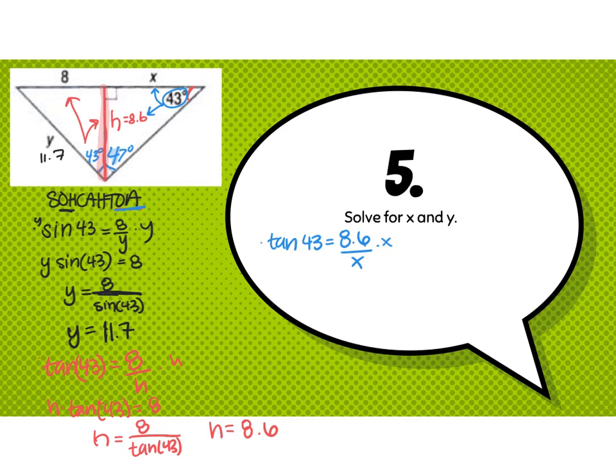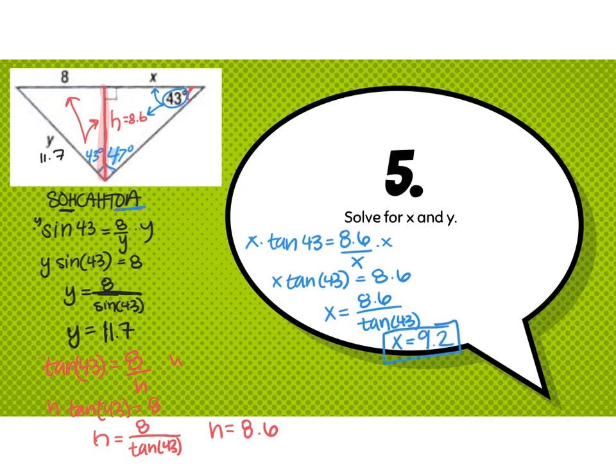I'm going to multiply both sides by x. X tangent of 43 equals 8.6. Divide both sides by tangent of 43 and we get x all by itself. 8.6 divided by tangent of 43. X equals, when we round to the nearest tenth, 9.2.